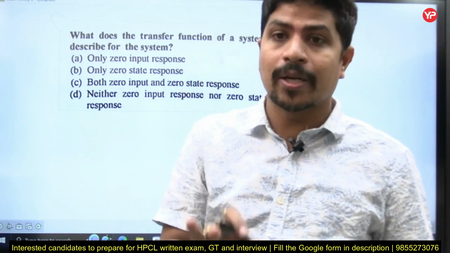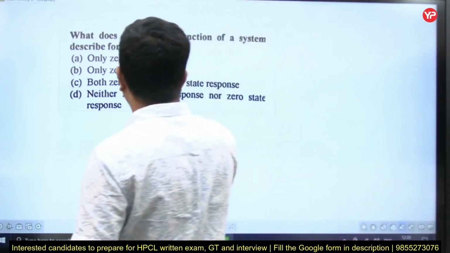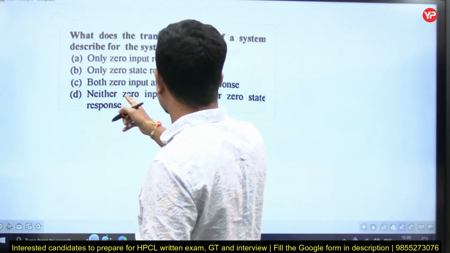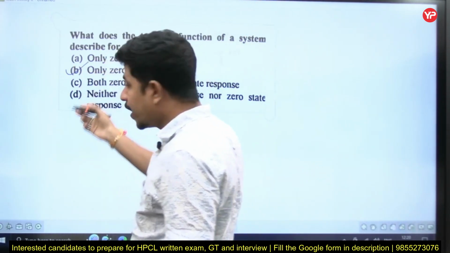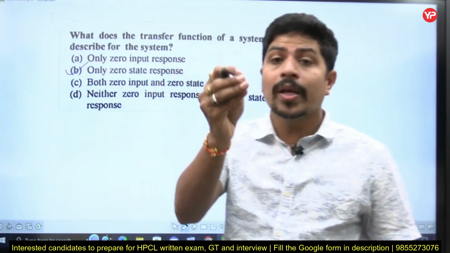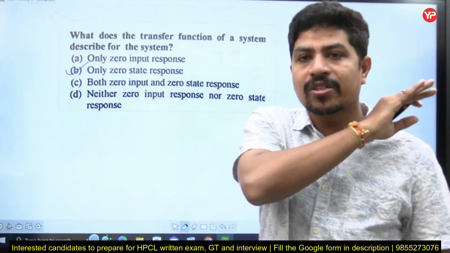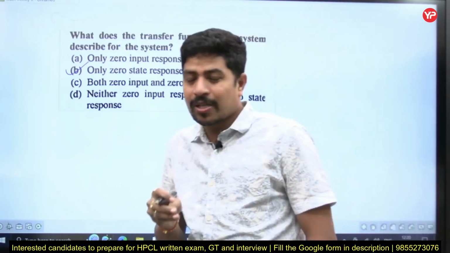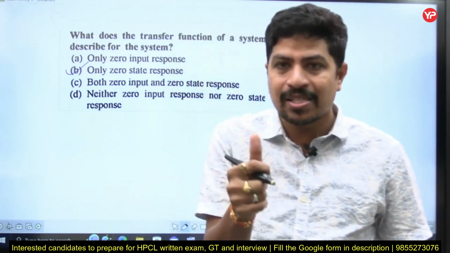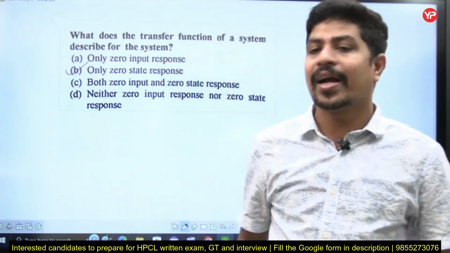It is going to give it if and only if the previous state of the system is 0, otherwise the transfer function is not defined. There are a few points about the transfer function. It is defined only for LTI systems, for single input single output systems, and with zero initial conditions.